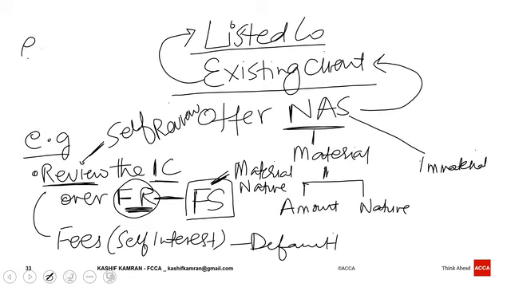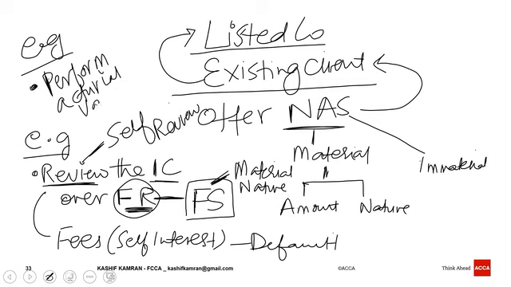Okay, another example. Suppose, again, it's a listed company and asking you to perform some service, existing client, everything remains same, by amount. Suppose they ask you to perform actuarial valuation.